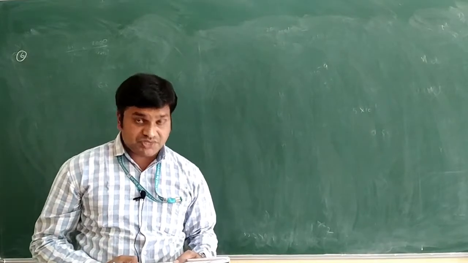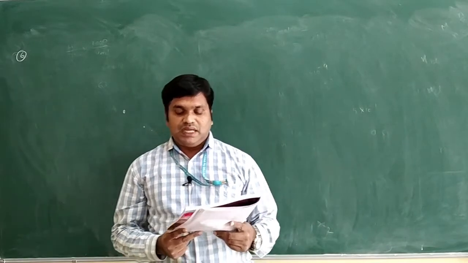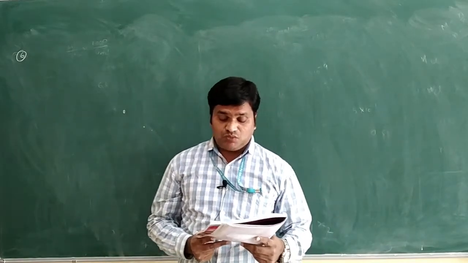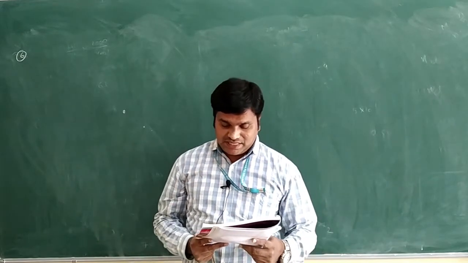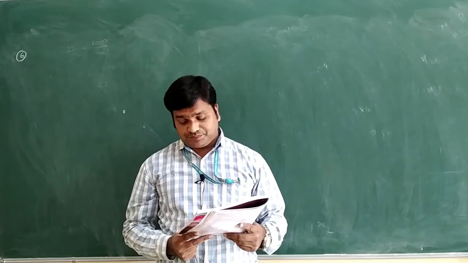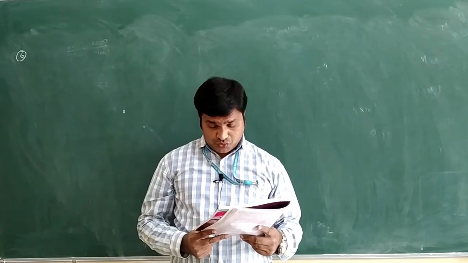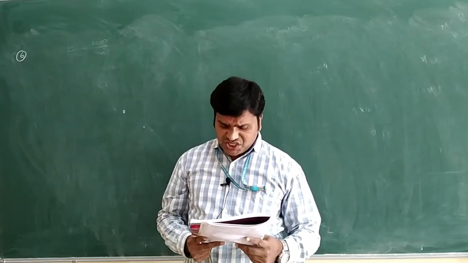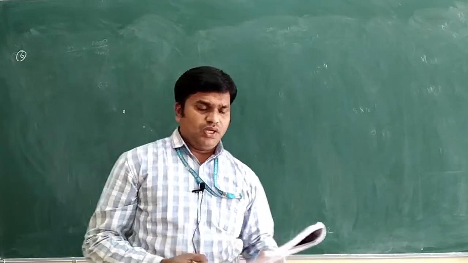See question number 6. We have equal masses of H2, O2 and CH4 taken in a container of volume V at temperature 27 degrees Celsius under identical conditions. They are asking the ratio of volumes of the gases, H2 is to O2 is to CH4. What gases are given?